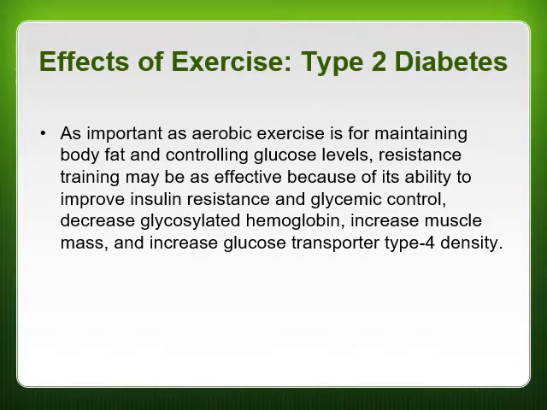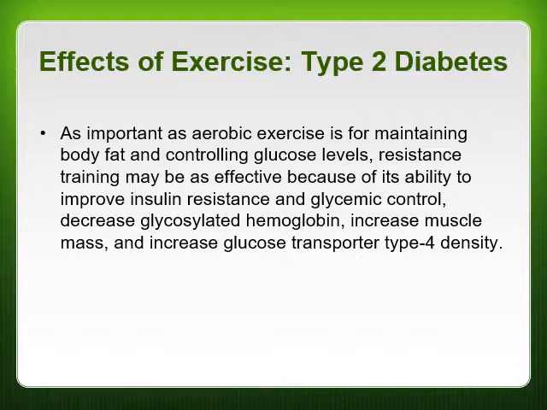Even with diseases like type 2 diabetes, we know that aerobic exercise is great for maintaining body fat, but it also can help with controlling glucose levels, right? Regulating the body's blood sugar. Resistance training may be as effective because of its ability to improve insulin resistance and glycemic control.